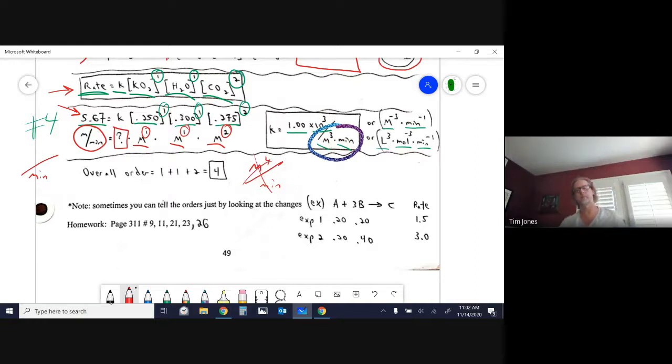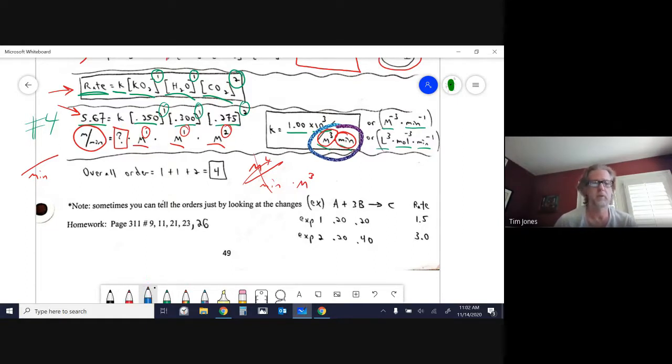So what we have to do is we have to get rid of all the molarities except for one. And so the way you would get rid of this is you would do a molarity to the third on the bottom, and that would get rid of all of them except one. And that's why I have a unit of molarity to the third times minutes as a denominator. And you can check it.